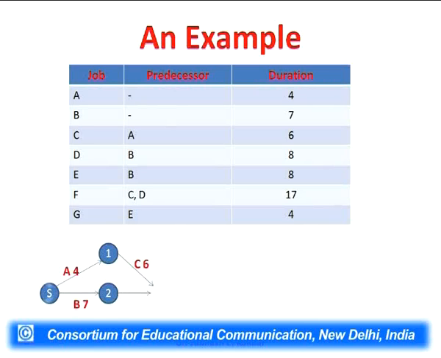Now another activity which is coming out of node 2 and which is after activity B. Activity D's preceding activity is B, so we will mention D on this particular arrow with an activity duration of 8 days. And after this, C and D are completed. We will not forget to put the node also.